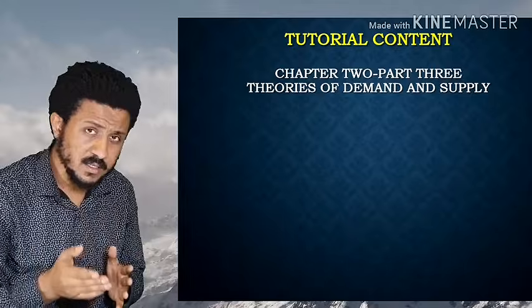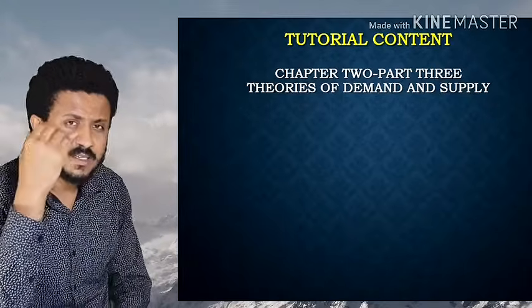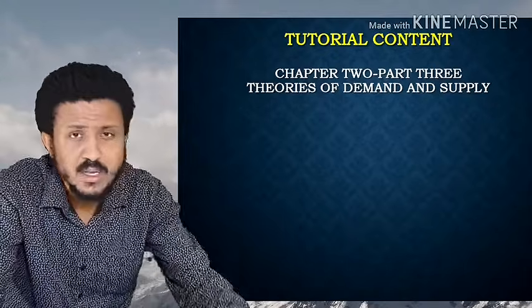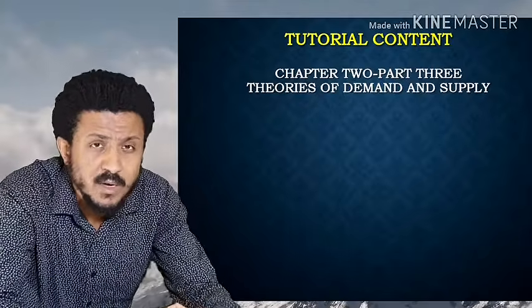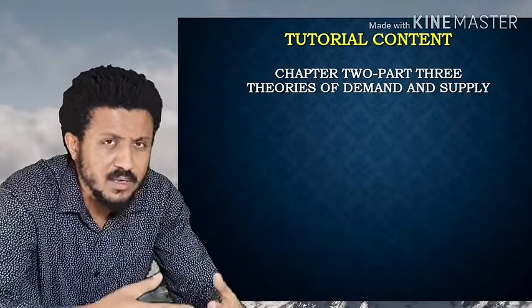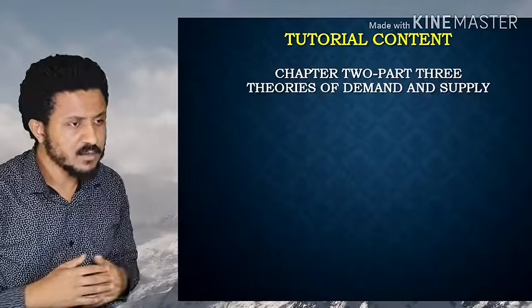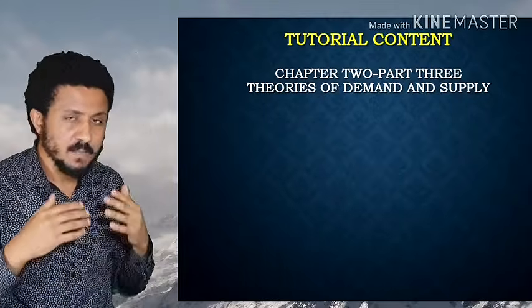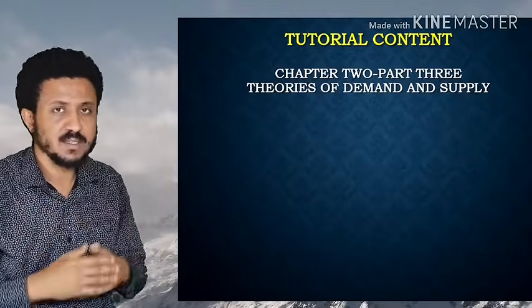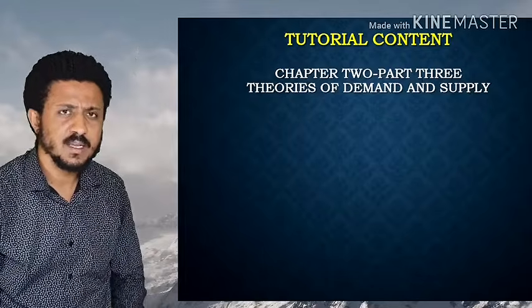Before this tutorial in this chapter 2, we have seen the theory of demand. Demand, what does it mean? Is demand only want, or is it more than that? We have seen that demand is more than want. Demand is more than willingness to buy.